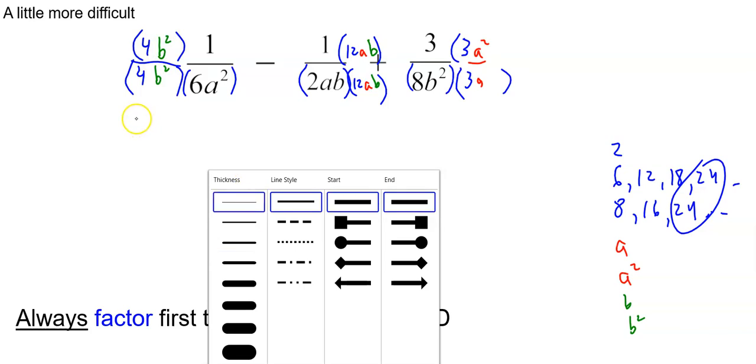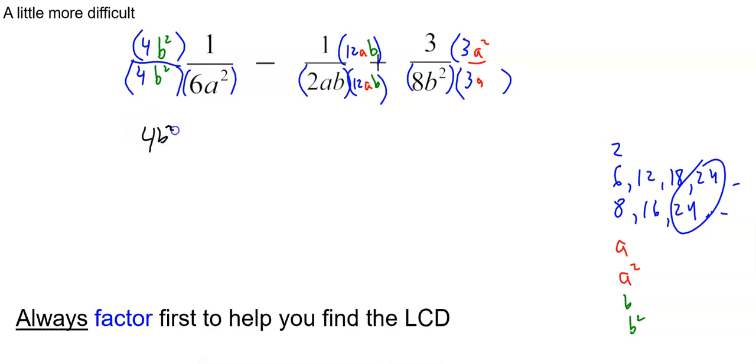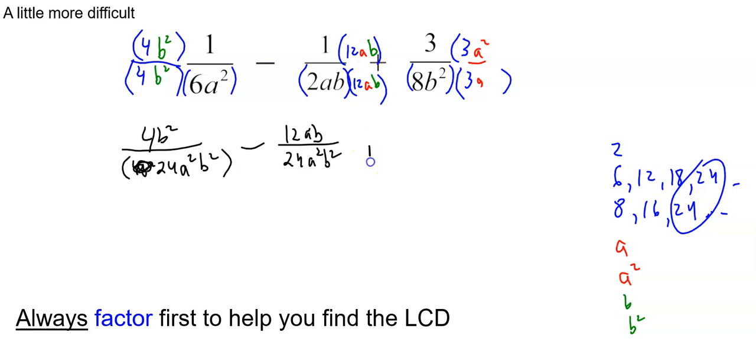So I'm going to have 4b squared over 24a squared b squared, minus 12ab over 24a squared b squared, plus 9a squared over 24a squared b squared.